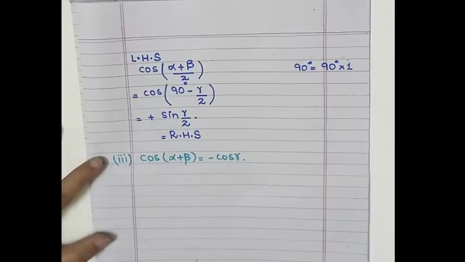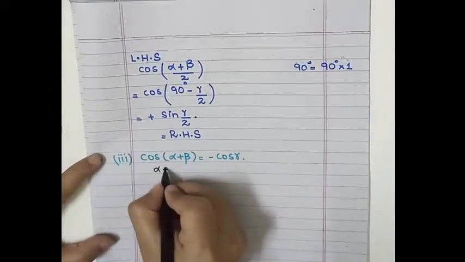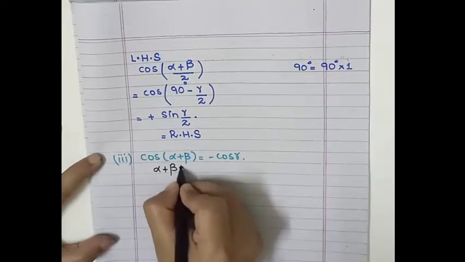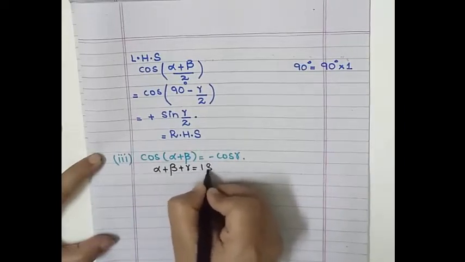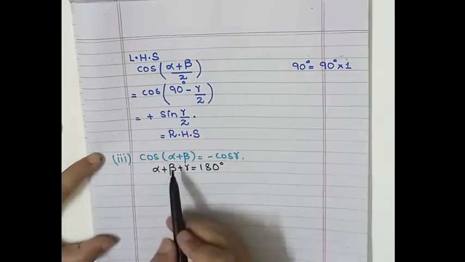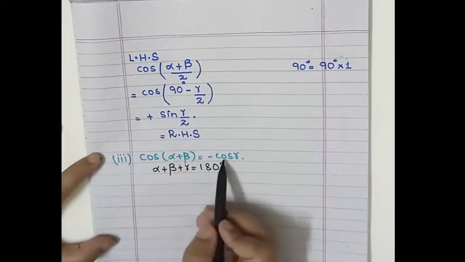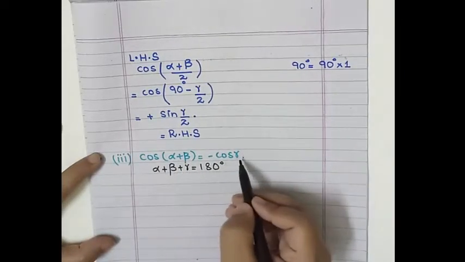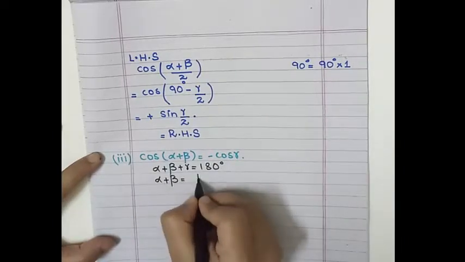So the third one, using the same concept that the sum of the angles of a triangle is equal to 180 degrees, we have alpha plus beta is equal to 180 degrees minus gamma. So forming the equation accordingly.